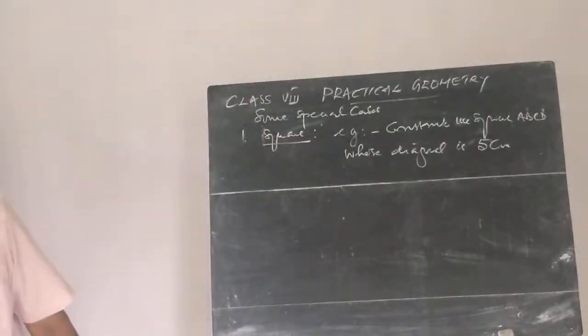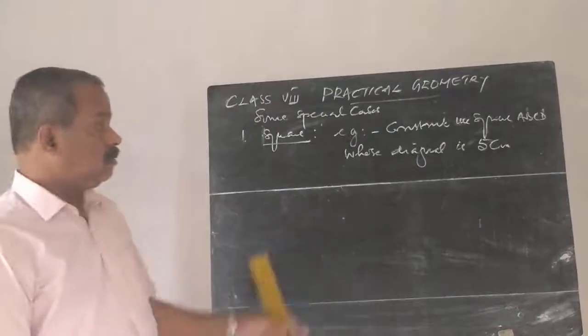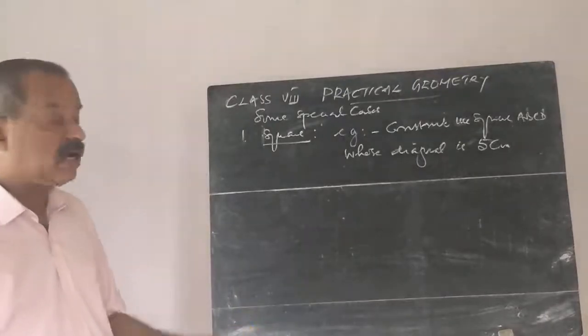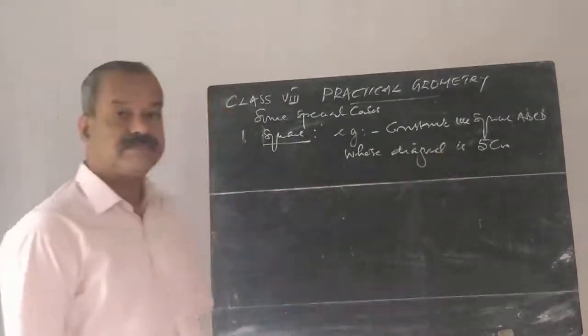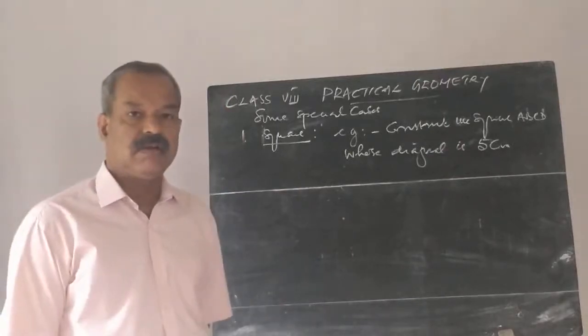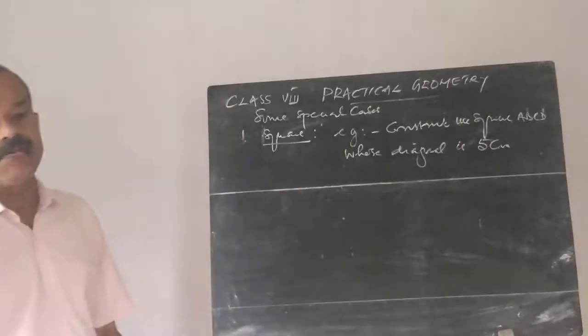Only one measure is required, the diagonal. The diagonals of a square are equal. Also, they are perpendicular bisectors of each other.